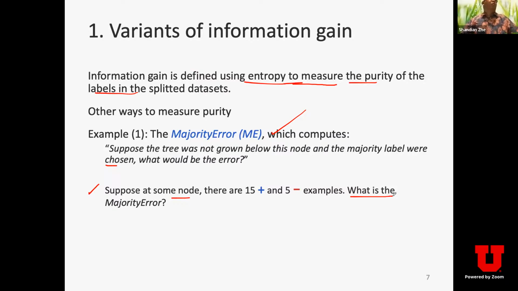How many errors will we make? Yeah, 5 of 20, because I use the positive label as a prediction for all the 20 examples. For these 5 negative examples, there must be errors. So the error will be just 5 over 20, which is 1/4.